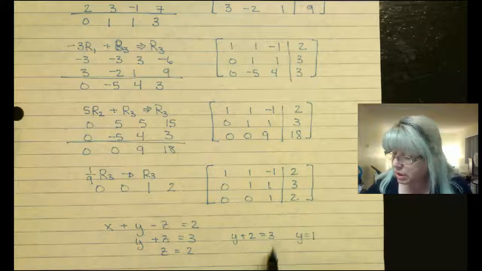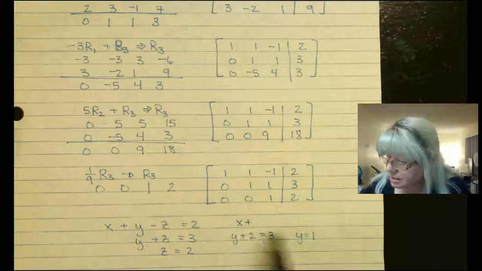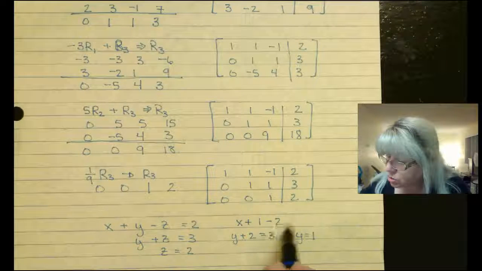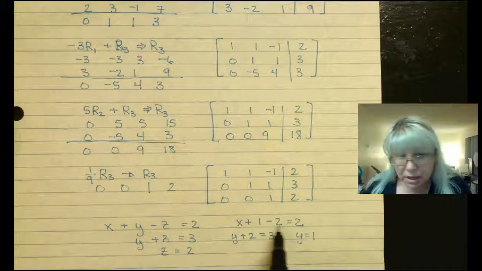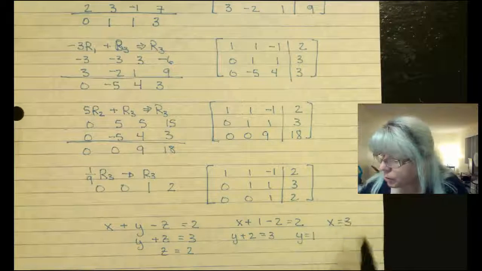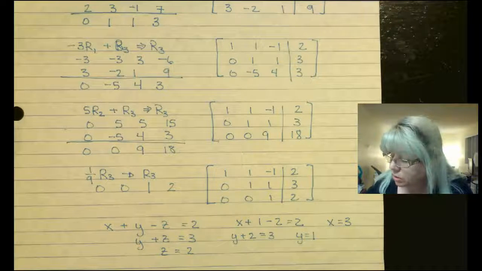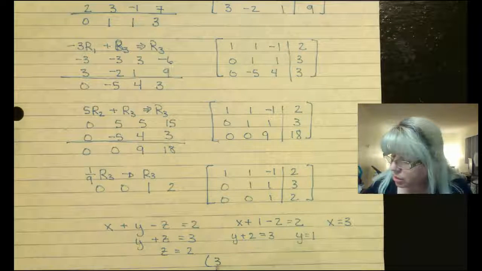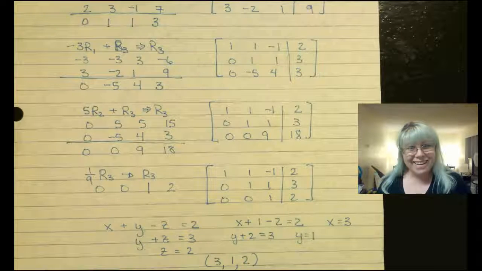Because 1 plus 2 is 3. And if z is 2 and y is 1, then x plus 1 minus 2 equals 2. Well, x plus 1 minus 2 is x minus 1. Therefore, x must equal 3. 3 plus 1 is 4, minus 2 is 2. 2 equals 2. So here's our solution. 3, 1, 2.